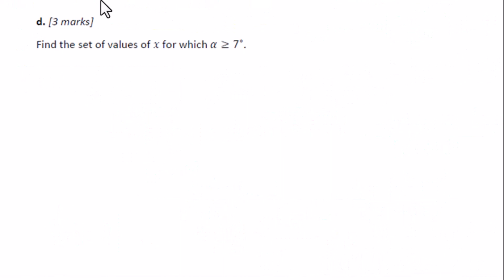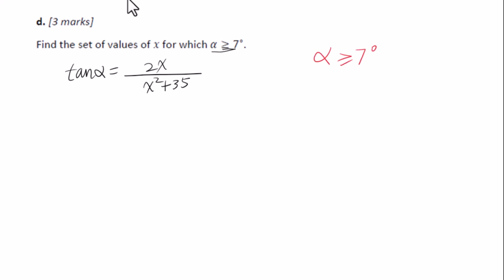Let's go to D. Find the set of values of x for which alpha is greater than or equal to 7 degrees. We know tangent alpha equals 2x over x squared plus 35. If alpha is greater than or equal to 7 degrees, which means tangent alpha is greater than or equal to tangent 7 degrees.